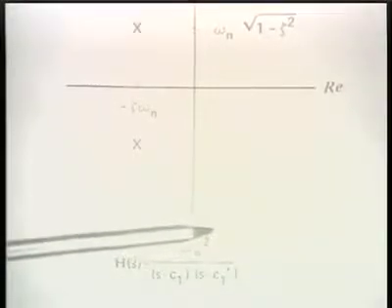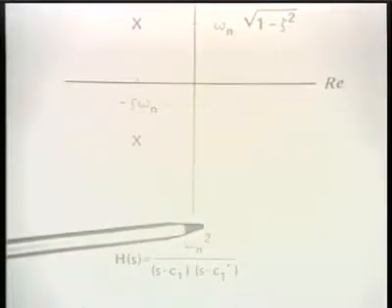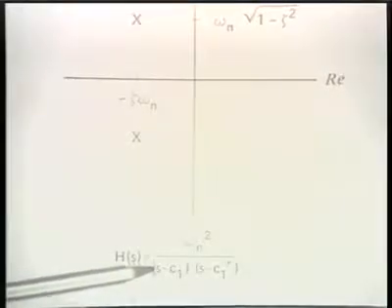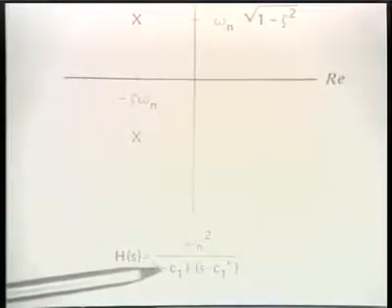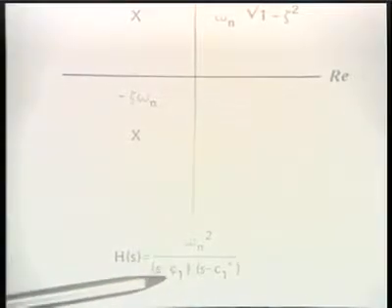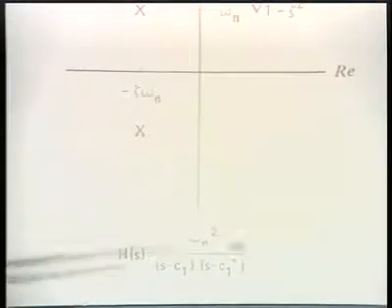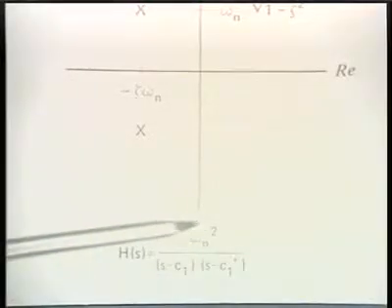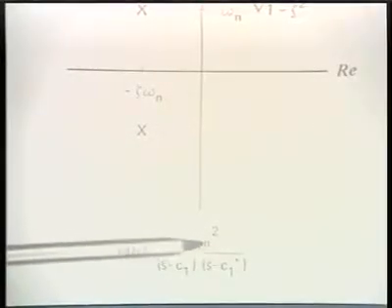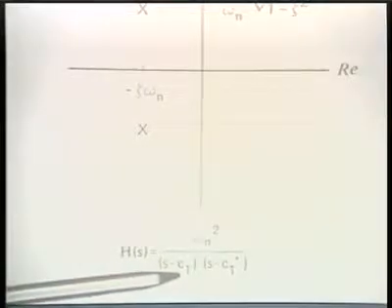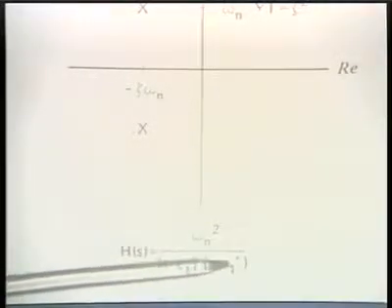There's a very convenient way of doing that geometrically by recognizing that in the complex plane, this complex number minus that complex number represents a vector. Essentially, the magnitude corresponds to taking omega sub n squared and dividing it by the product of the lengths of these vectors.